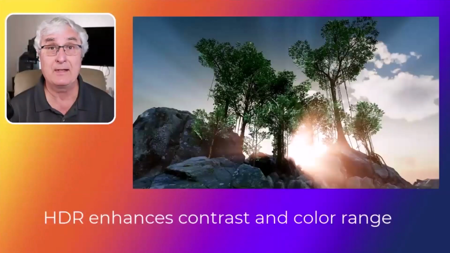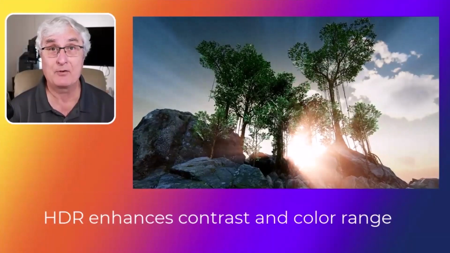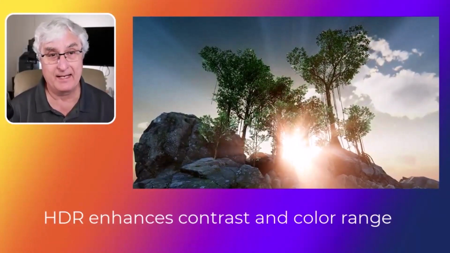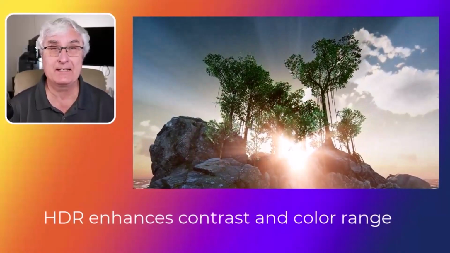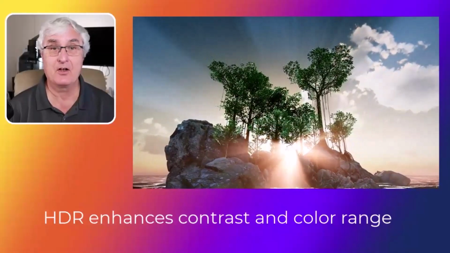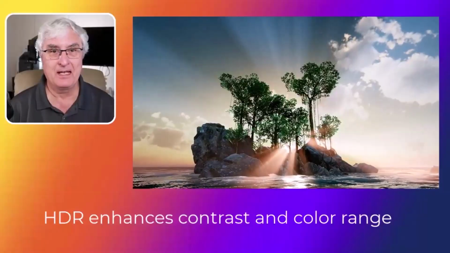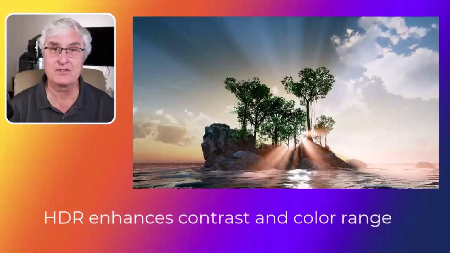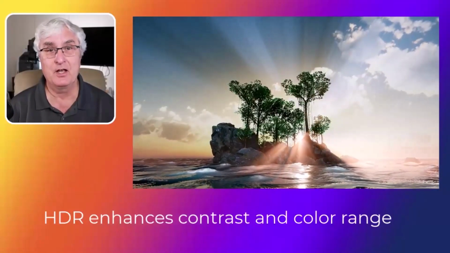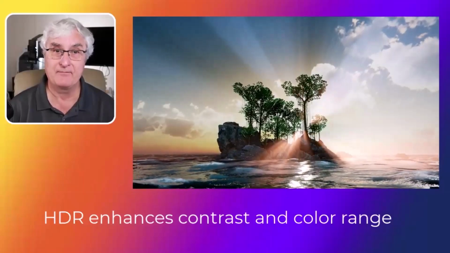Now let's talk about high dynamic range and upscaling. High dynamic range is the technology that enhances the contrast and color range of images on your TV. It allows for a broader spectrum of colors and brightness levels, making the picture look even more realistic and vibrant.